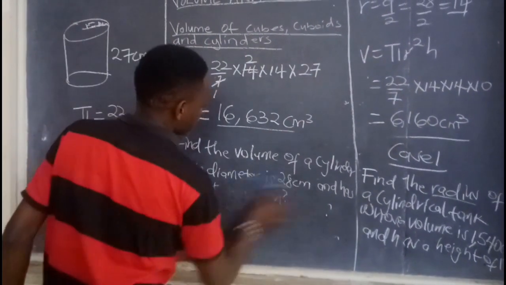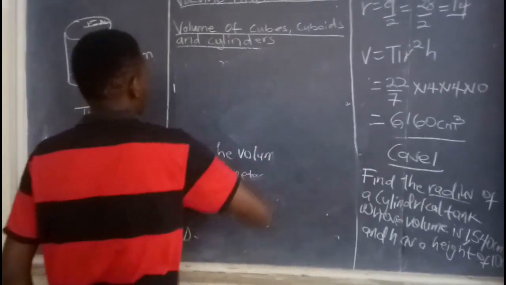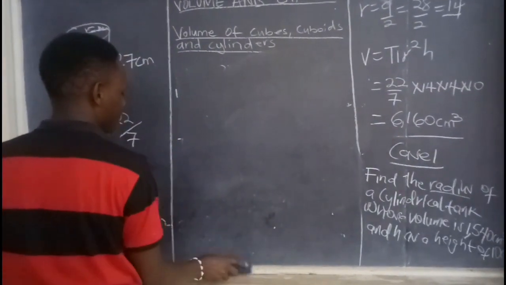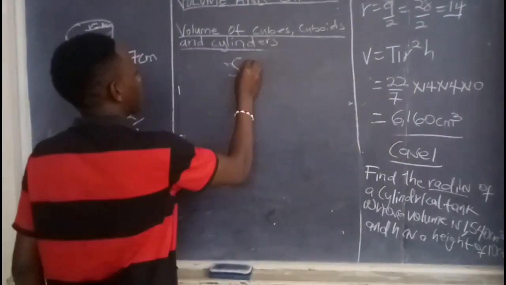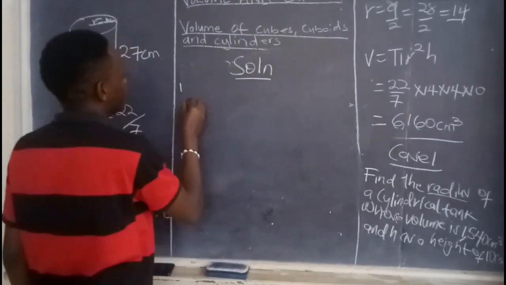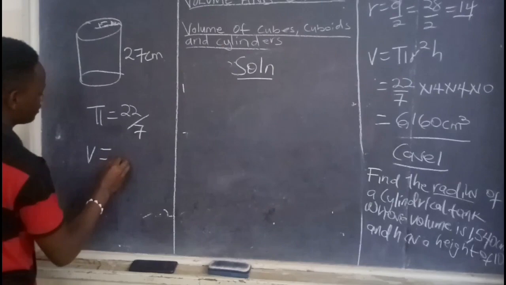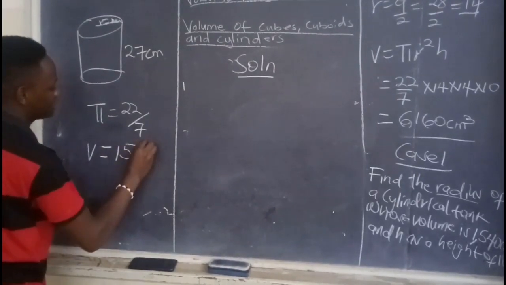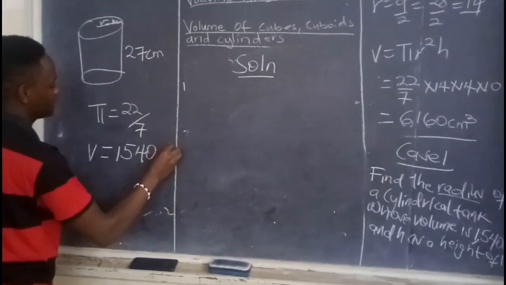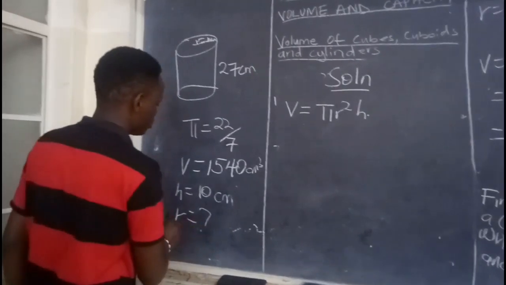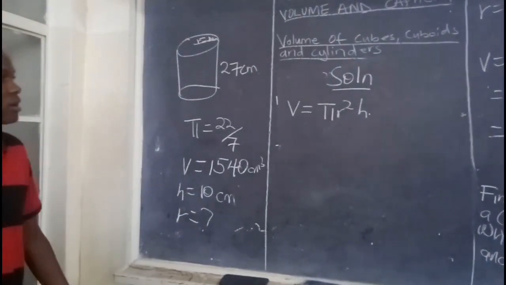So the solution will be: we are given our volume as 1540 centimeters cubed, the height of 10 centimeters, so we are supposed to find the radius.